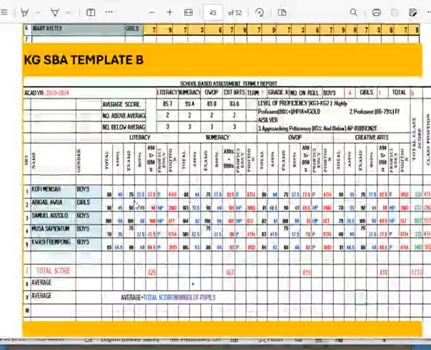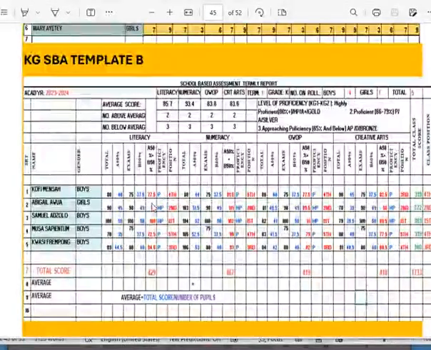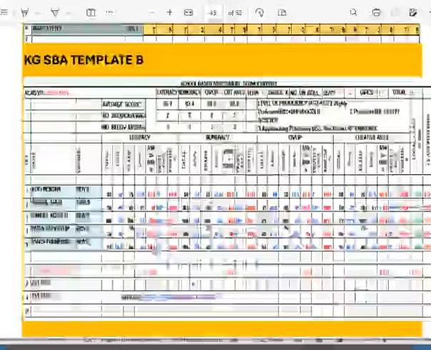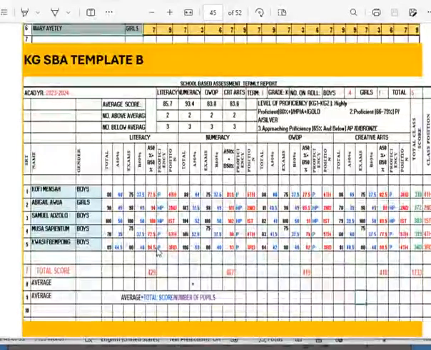Then you check how many of the pupils had scores in literacy above the average score of 85.7. You can clearly see that Samuel Adulu had 100, which is above the average score of 85.7. Then Kwesi Frimpong also had 86.5, which is also above the average score, right?